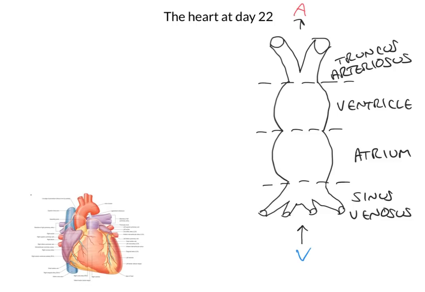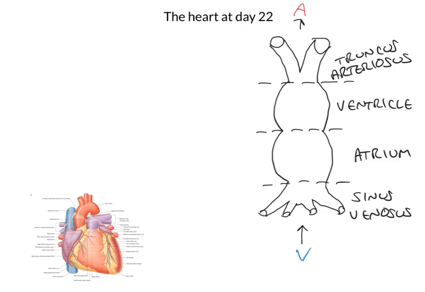Now, to summarise the entire process, we've got to add on some additional features and consider some additional events. The first thing I want you to note, with the exception of the inferior vena cava, in the adult heart, all of the vessels are attaching to the superior aspect of the heart, whereas in the embryonic heart, the veins are at the bottom and the arteries are at the top.